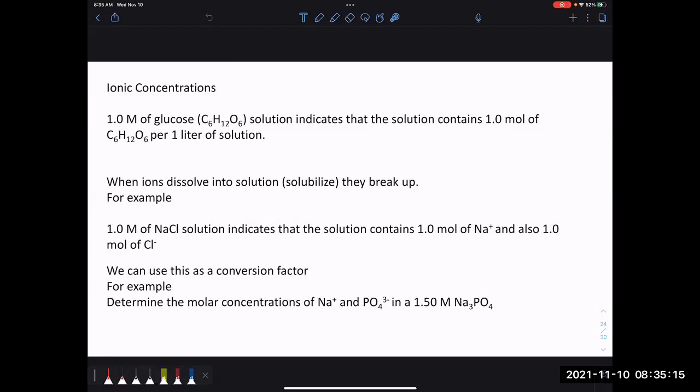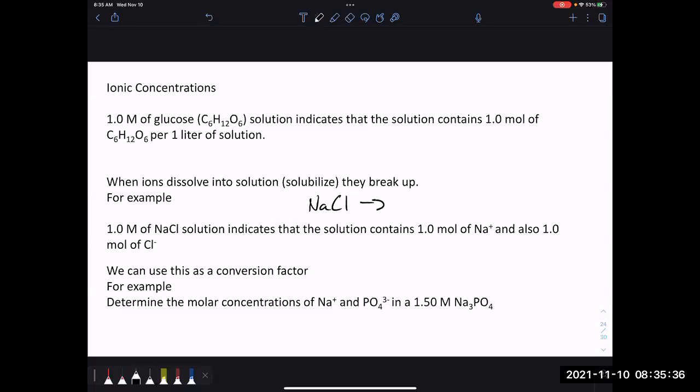When ions dissolve into solution, so these are ionic compounds, it's a little bit different. These ions break up into the constituent cation and anion. So here, for example, we have sodium chloride.